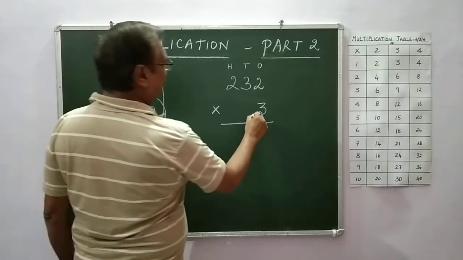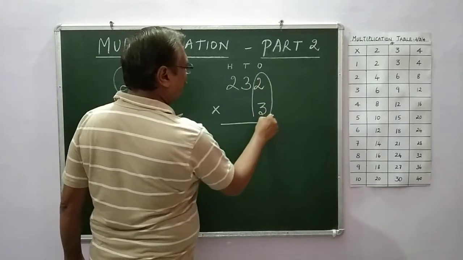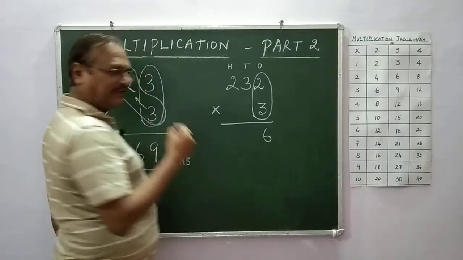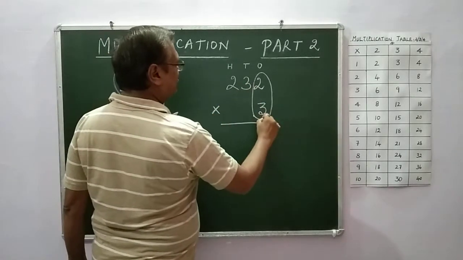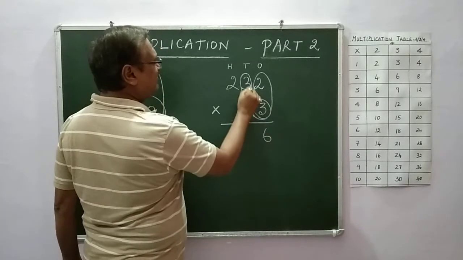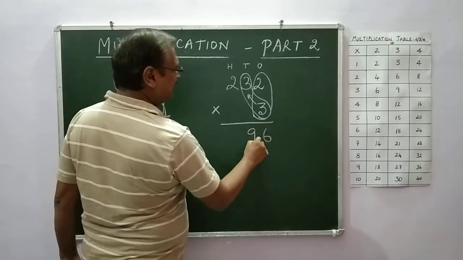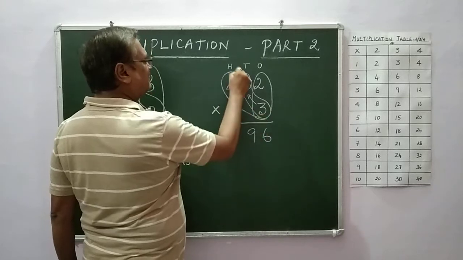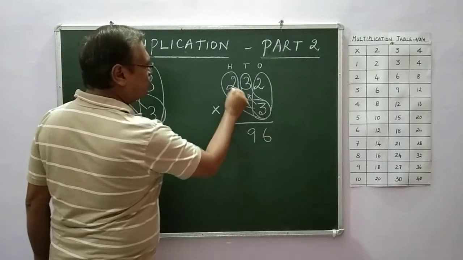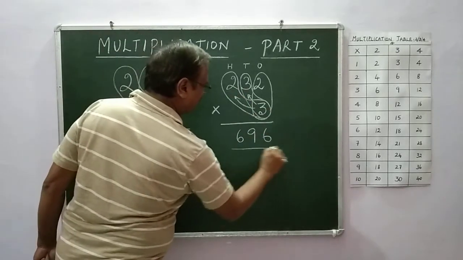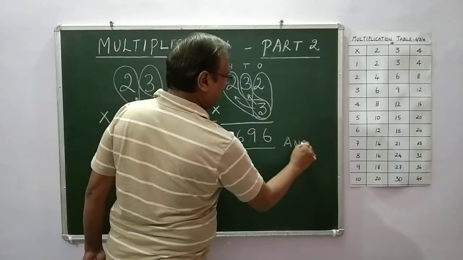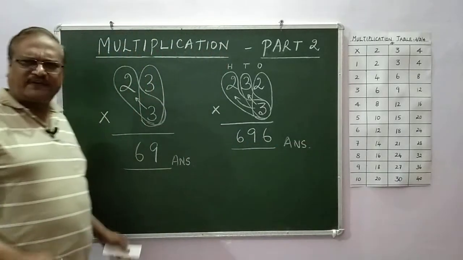Now multiply 3 and 2. 3 2s are 6. Now go to the second digit and multiply this. 3 3s are 9. And then take the last digit and again multiply. 3 2s are 6. So 696 is the answer. It's very easy.